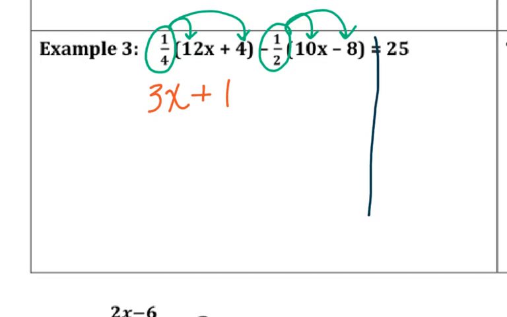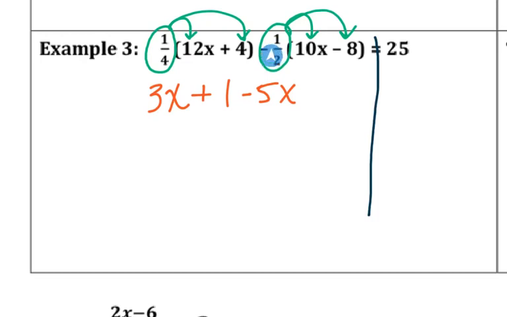So this time we have a negative 1/2 of 10. So half of 10 is the number 5, and then my negative makes it a negative 5x. And then we have a negative 1/2 times negative 8, so half of 8 is the number 4.